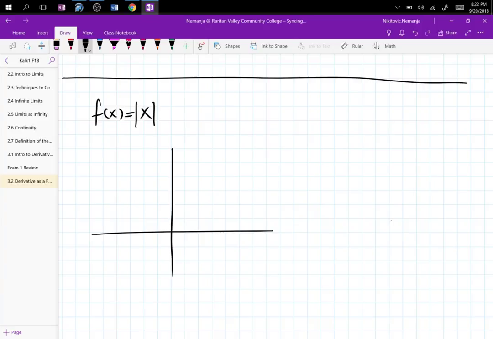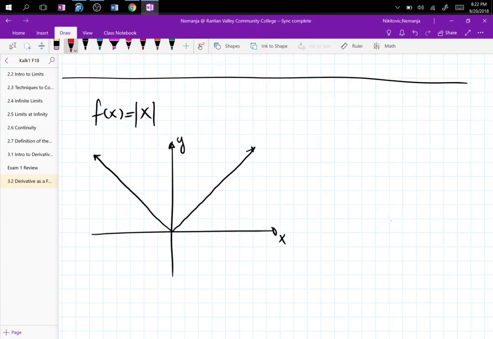If I draw absolute value, it's going to be this V looking shape that goes at 45 degrees forever. We know that the slope of the line is the derivative.